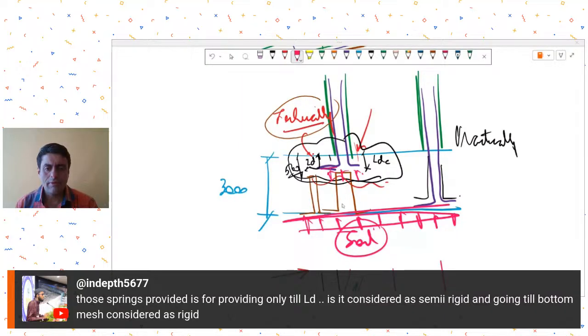I don't agree with the statement that it is considered semi-rigid when we are taking the reinforcement till LD and rigid otherwise. That is not happening. If you have provided development length and the joint is being cast monolithically, you consider it as rigid. Now if you have decided to take the bar extra from a practical viewpoint, it still does not change the joint conditions as such.